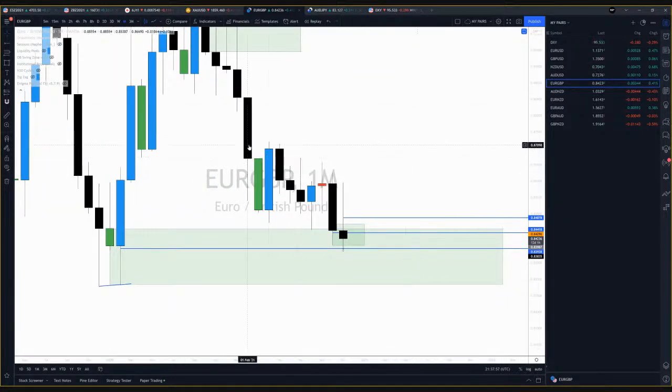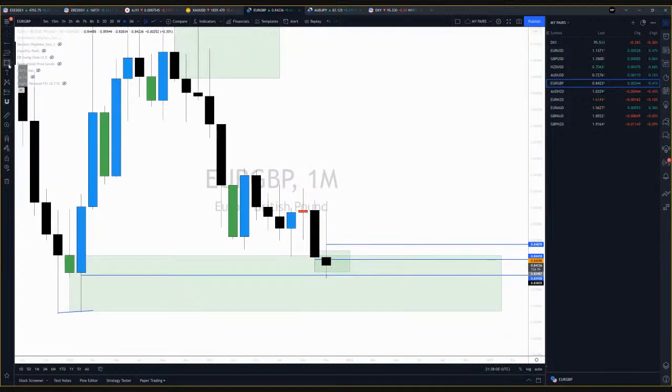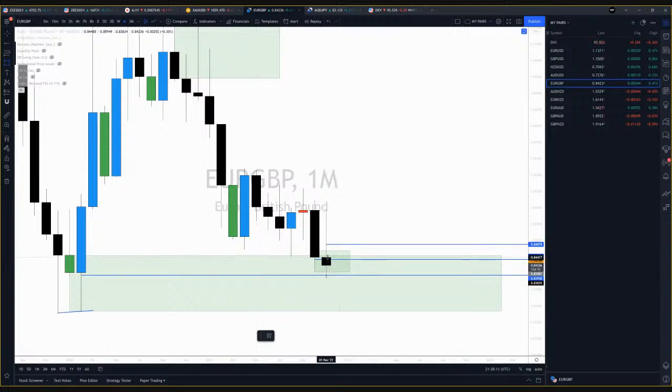Okay. So let's play devil's advocate. All right. Let's say at the end of this month, I'm going to draw the candle. At the end of this month, I'm not saying it's going to do it, but let's say price goes all the way up and closes above this one.